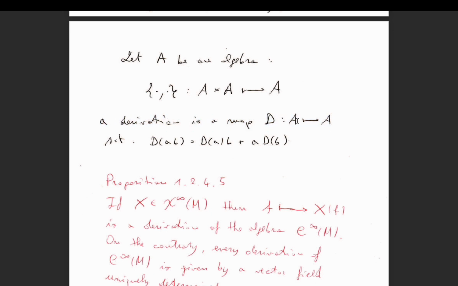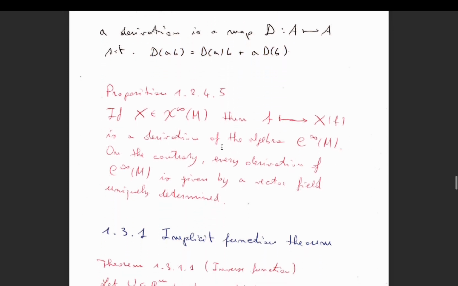A derivation over an algebra is a map D from A into A such that D(AB) is equal to D(A)B plus A D(B). Okay, this is a derivation. Now, a theorem says that a vector field is a derivation of the algebra C infinity of real-valued smooth functions, and every derivation of the space of real-valued smooth functions can be implemented by a vector field.